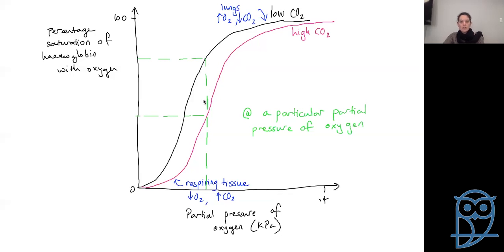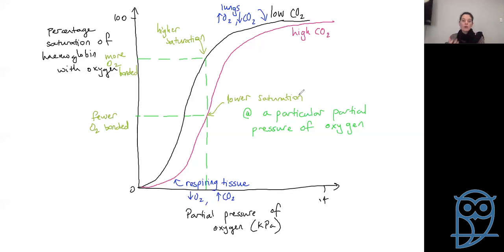So at our particular pressure of oxygen, when we have high carbon dioxide, we have much fewer oxygens than if we have low carbon dioxide. So here we have a higher saturation, and down here we have a lower saturation.